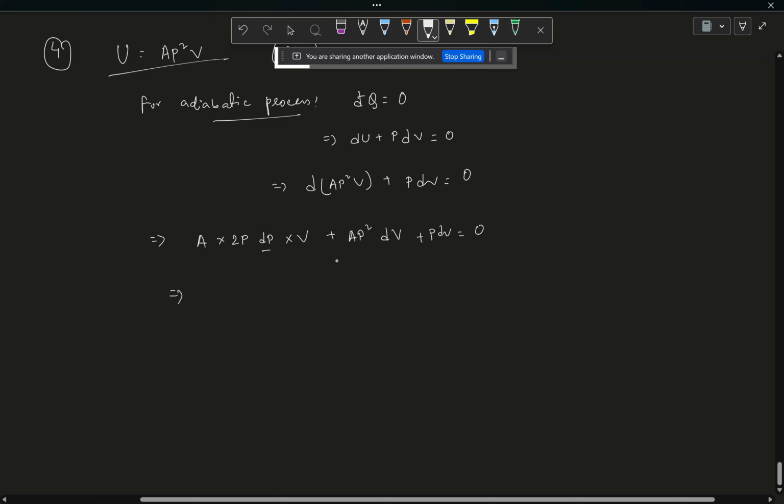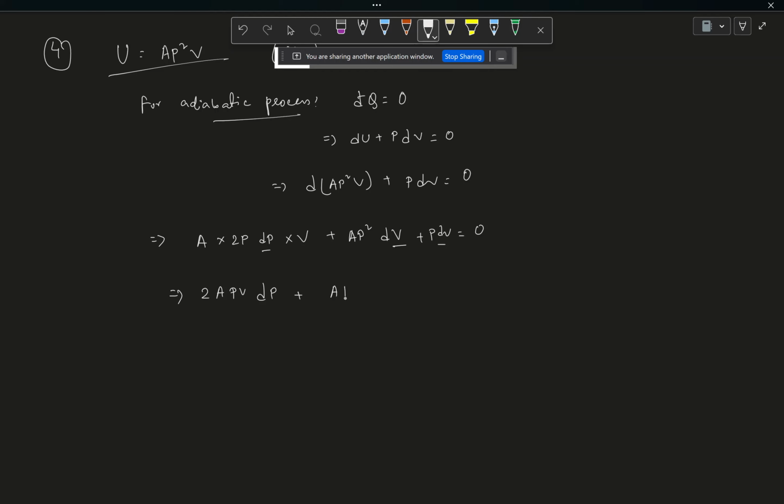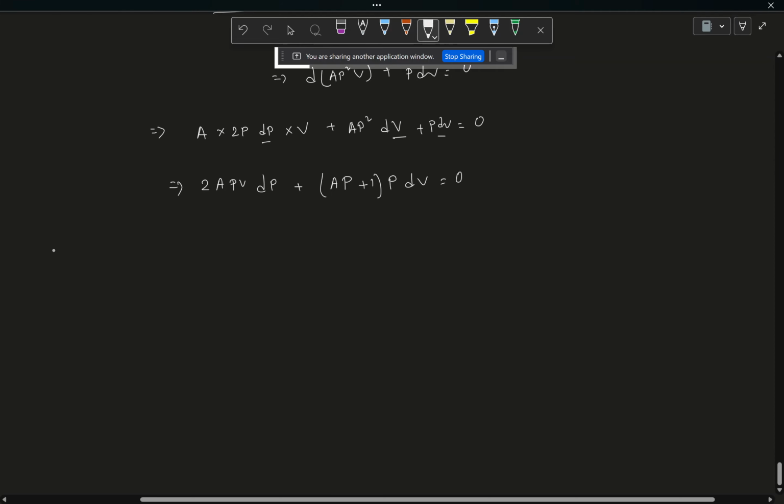Now you are getting, so dv and dv here taken together and dp is separate. So this is 2A p V dp plus (A p squared plus p) dv equal to 0, because this is A p squared and this is p, into dv equal to 0.